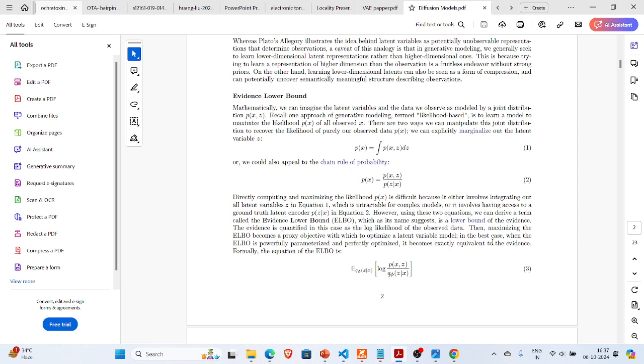So if you try to recap, what's the idea? Directly computing and maximizing the likelihood p(x) is difficult because we need to integrate out all the latent variables z, as I said as well.